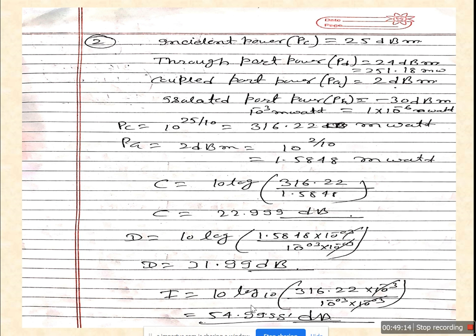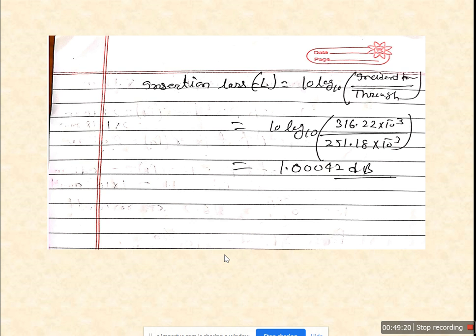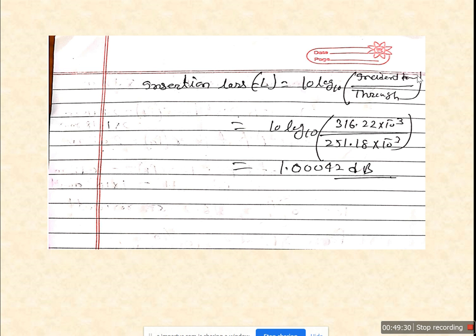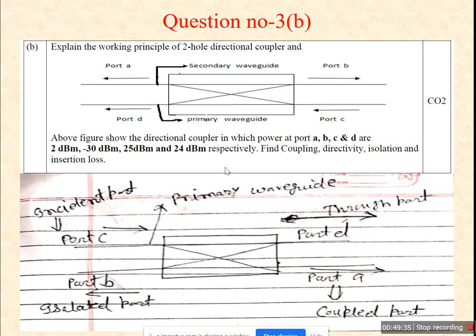This and I is this. Isolation is 10 log of PA upon PC upon PB. Simply you can find out. This is the insertion loss, incident port upon throw port. Easily you can find out the answers.